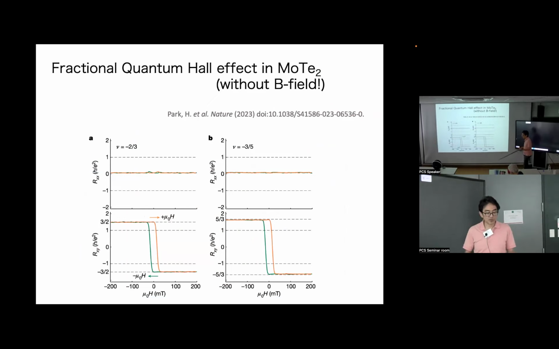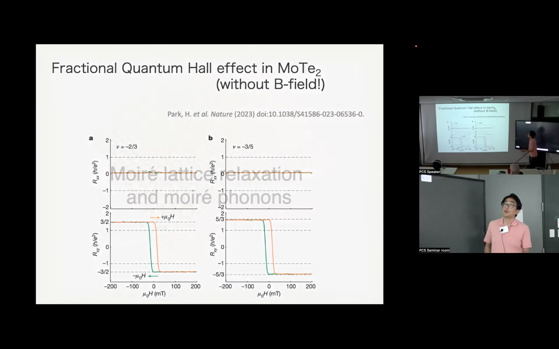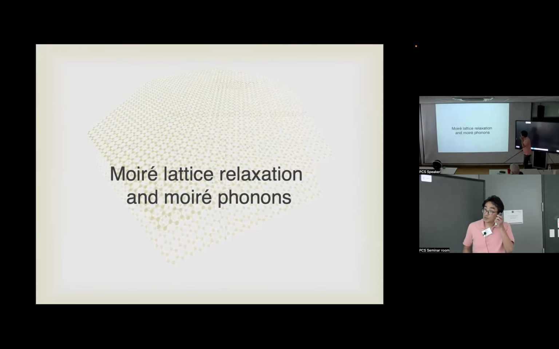Because fractional quantum Hall in the mass system only occurs in very clean systems, and also there is no lambda. So now people are trying to understand. This is very hot.